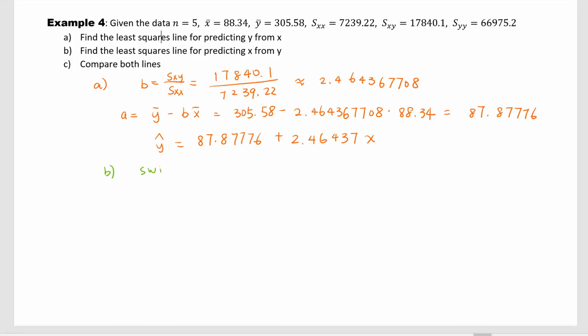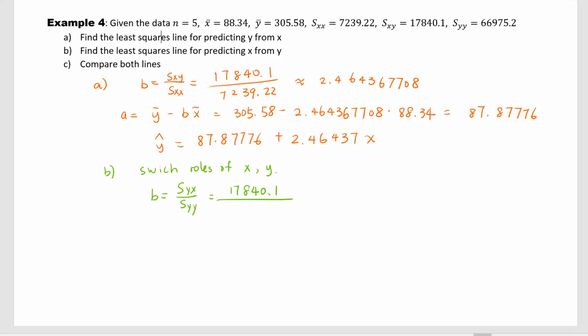It means in all the numbers in our formula, we just exchange x and y. So now my b is SYX over SYY. But SYX is the same as SXY, right, because multiplication is commutative.